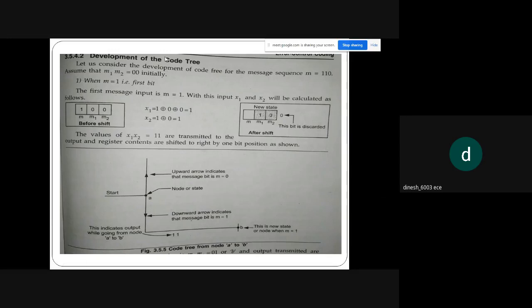We consider a message m equal to 110. And the state present in m1 and m2 will always be 00 initially.